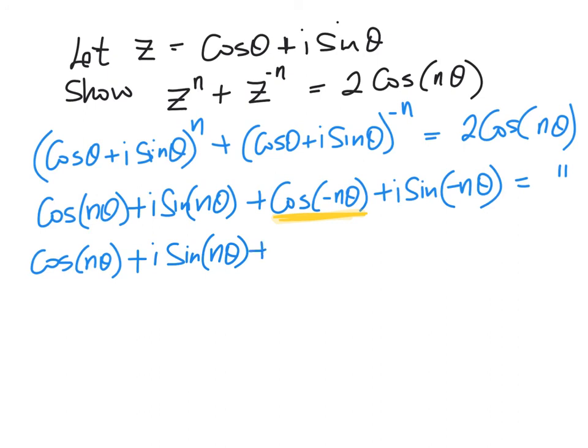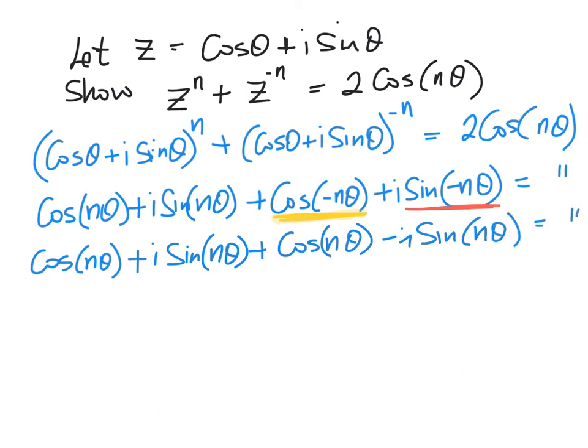So that's equal to the cos of n theta. However, that's not the case with sine. The sine is an odd function, and therefore this one here is going to be equal to minus i times the sine of n theta. And I have to show that that's equal to all that stuff they have on the right-hand side.